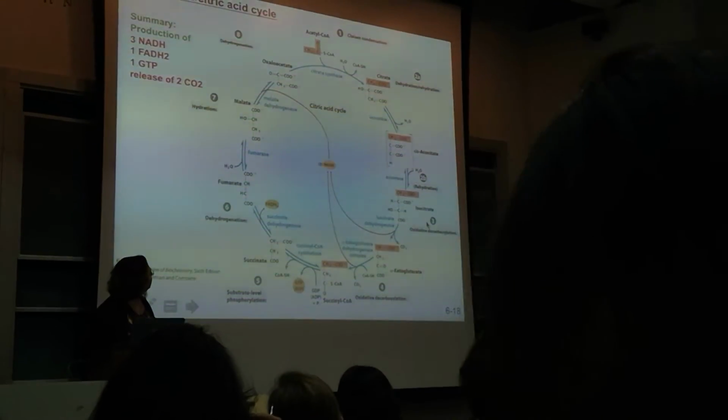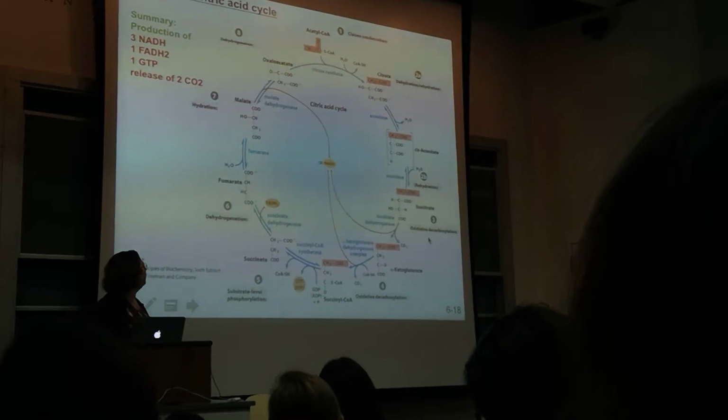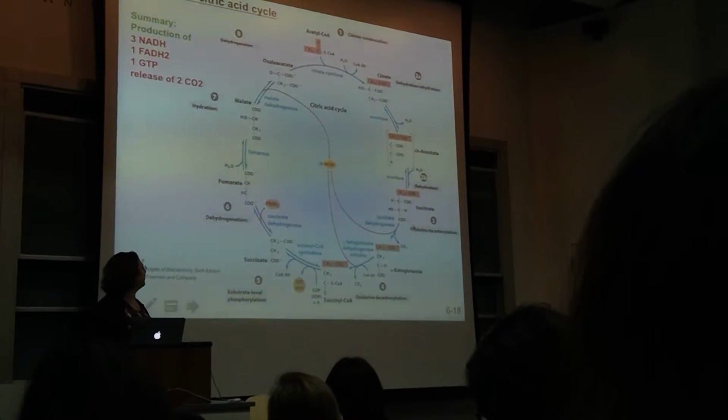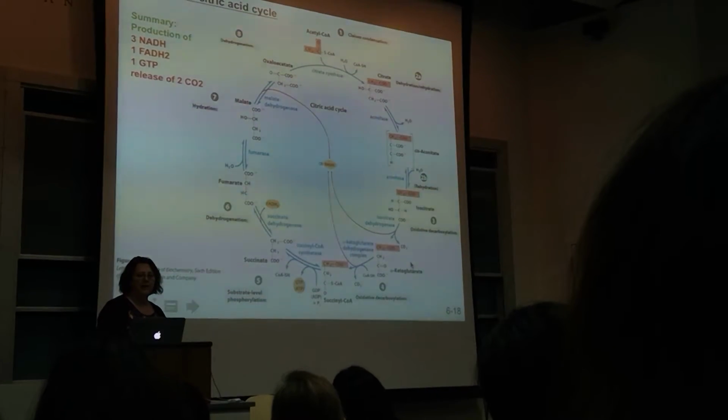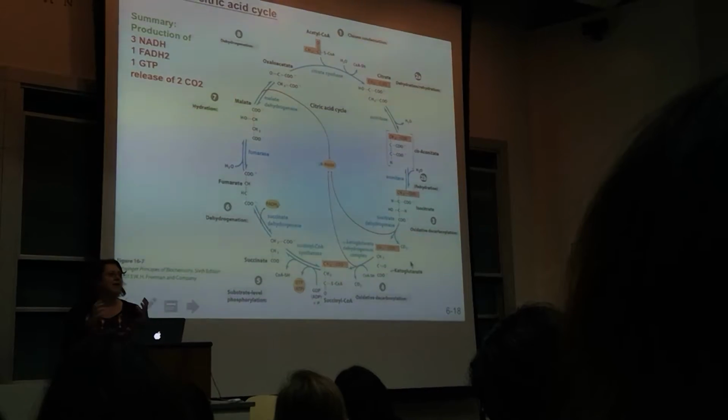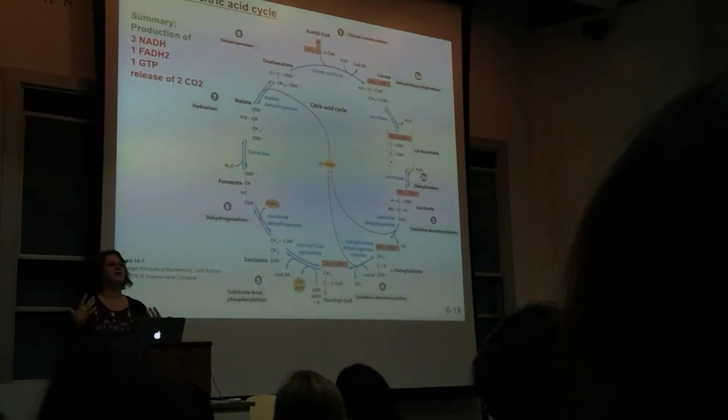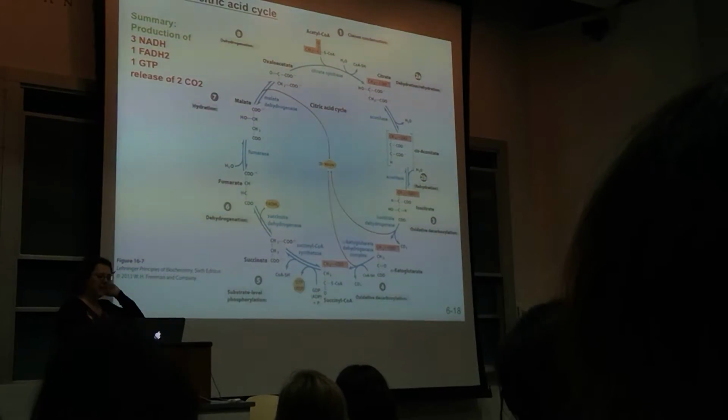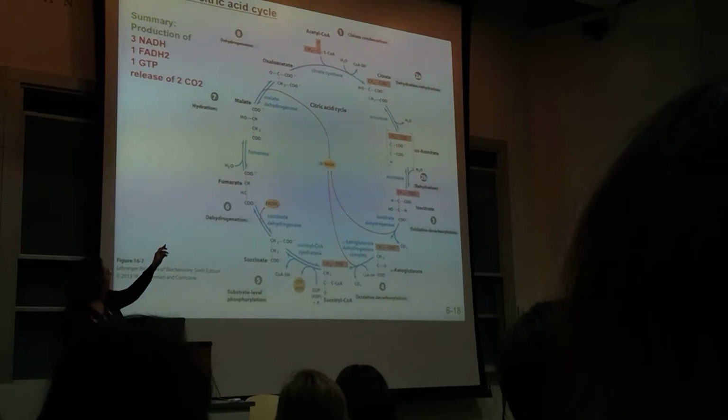The CO2s could be a little tricky to remember, but once you look at the structures, you'll be able to figure out where CO2 comes out. It's not obvious from the name, decarboxylase; it's often a subunit within a larger complex where they're just not calling it decarboxylase. So what you'll need to do is be able to write these compounds, the name of the enzyme and the products, just like you're seeing here.